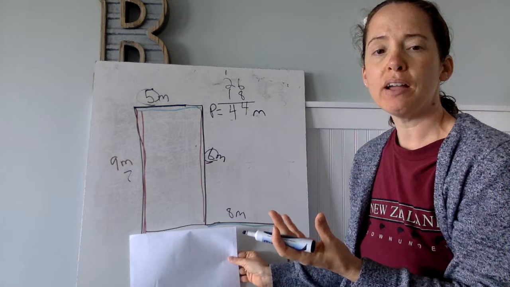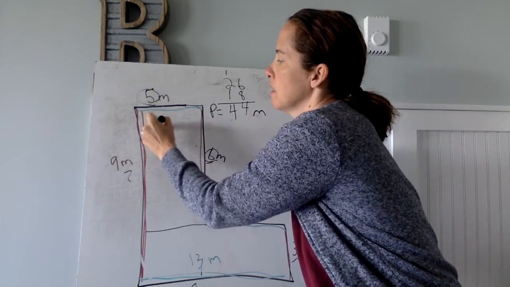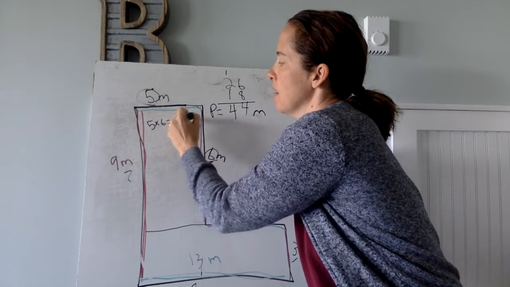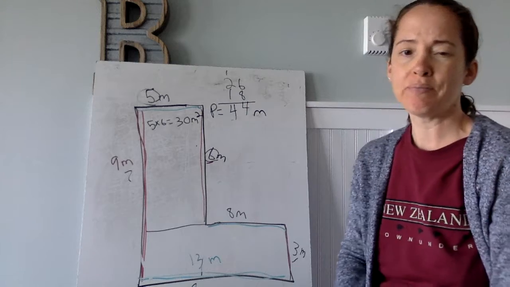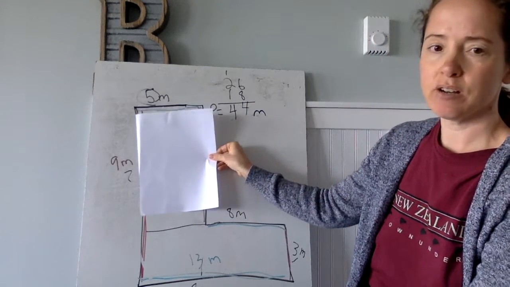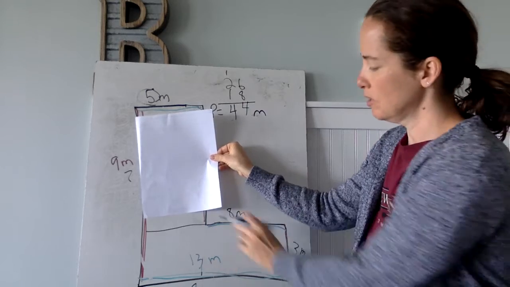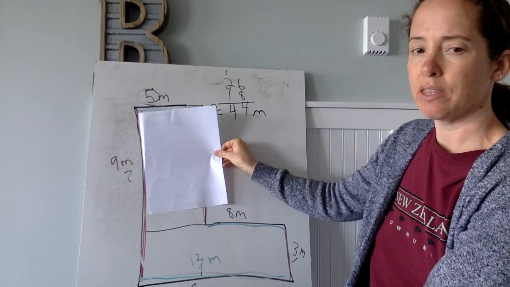So to find the area of any rectangle, we do length times width, which gives us an area of 30 square meters for this rectangle. We still have a rectangle up here. So I'm not going to consider this part of the rectangle anymore. I'm just looking at this. So I need to consider its length and width.